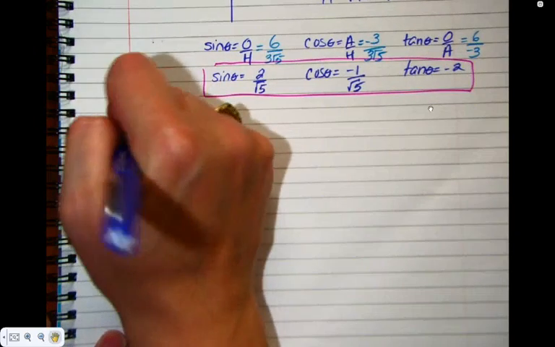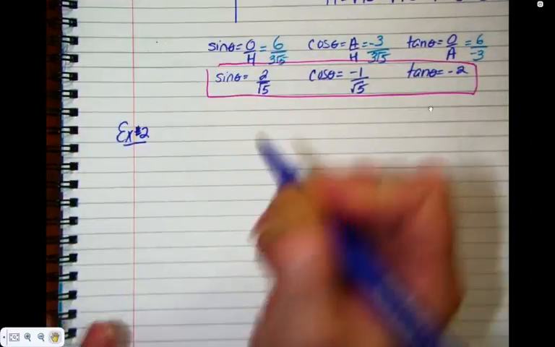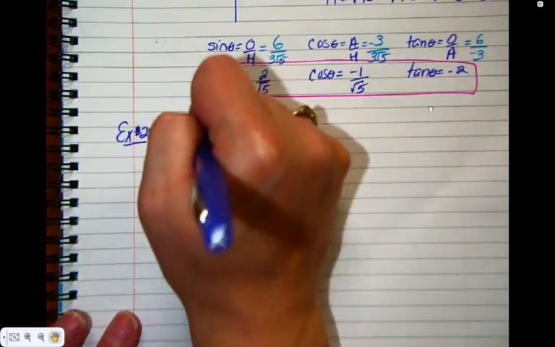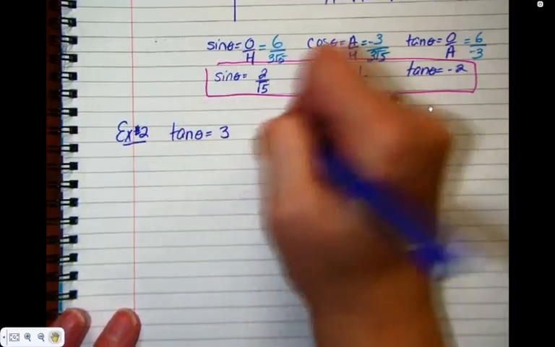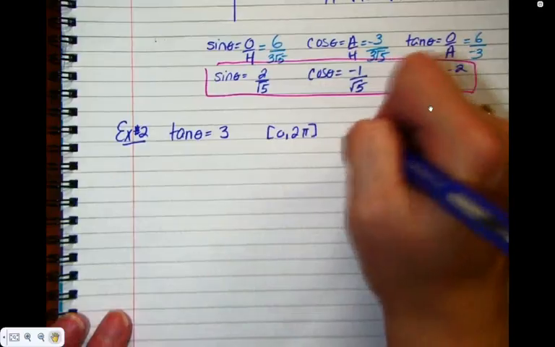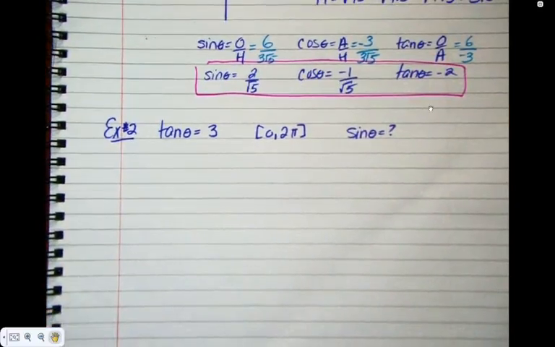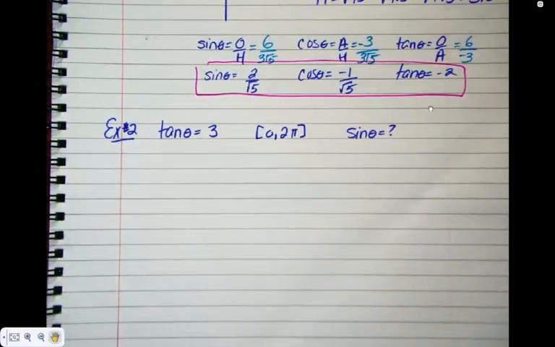So example number 2. They have given us that tan is 3. They've given us this stuff here in brackets. And they're asking us what is sine. What they're really giving us with tan is two sides of the triangle.